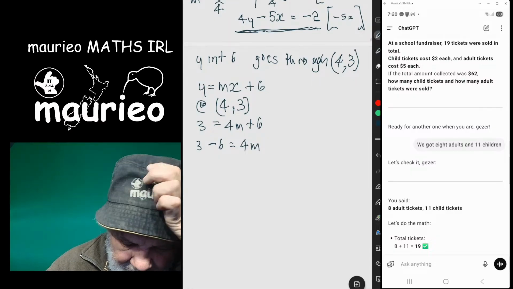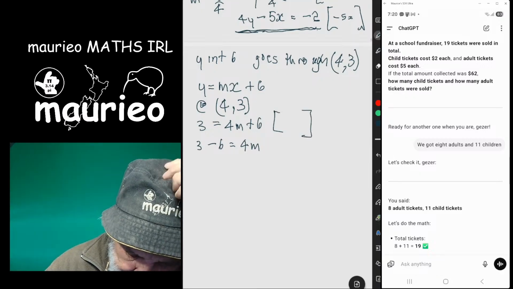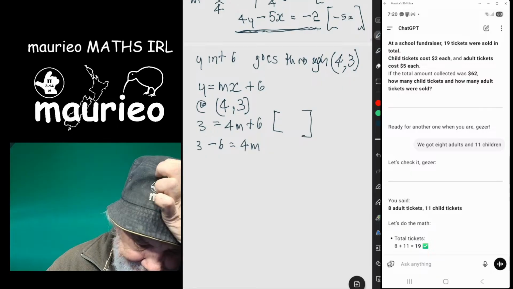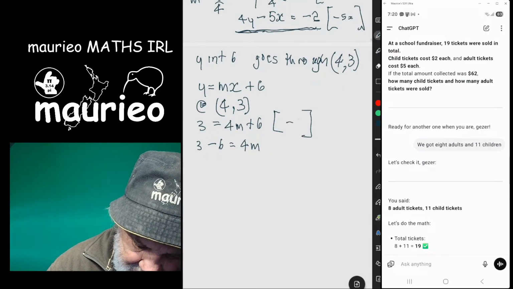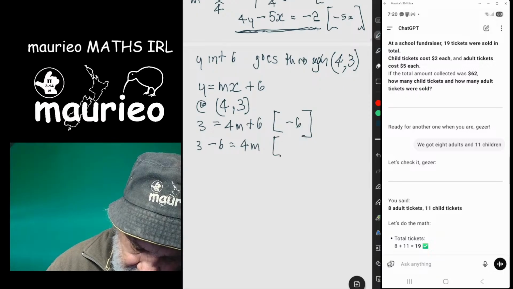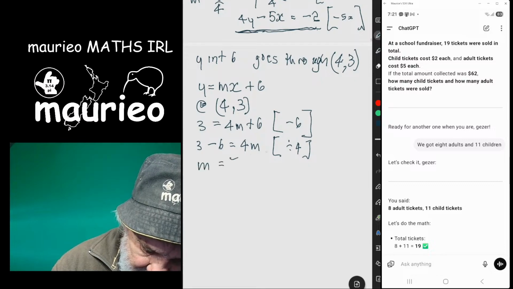Then we just minus 6, and then we divide by 4. And we get m equals negative 3 over 4.